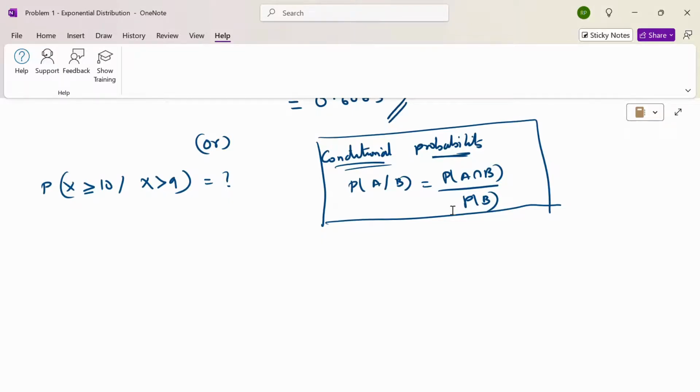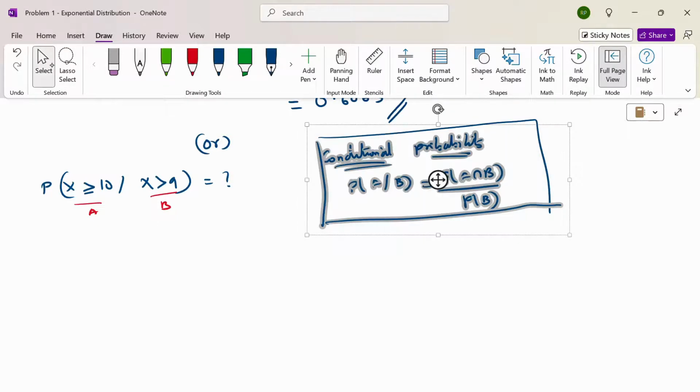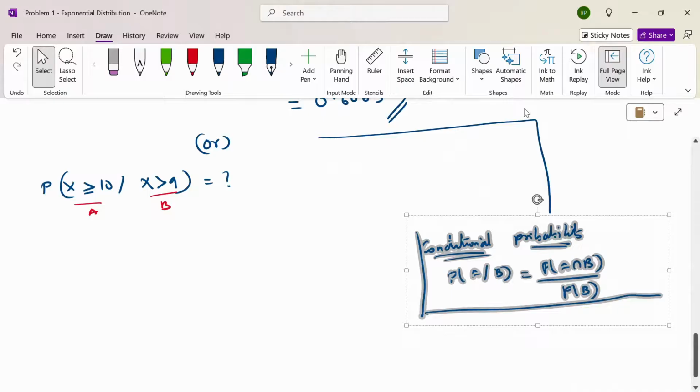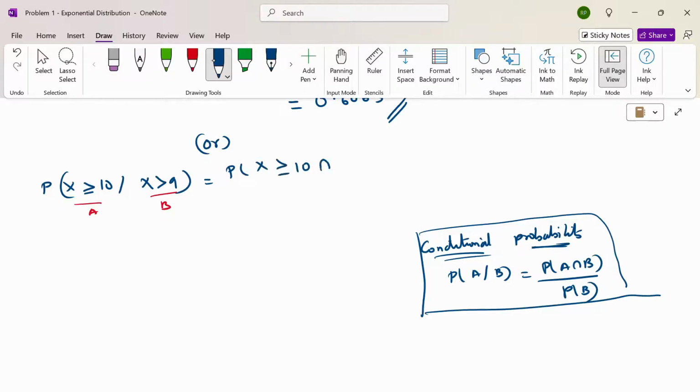Now we consider the whole part A and the whole part B. Therefore, the probability of A intersection B, x greater than or equal to 10 intersection x greater than 9, divided by x greater than 9. So this is the formula for A given B.